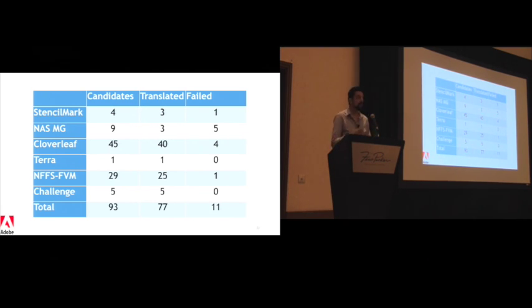And of those failures, some of them were doing things semantically that we couldn't handle, and others were timeouts. Now you'll notice that 77 plus 11 does not equal 93. There's an additional column here which is candidates that were not actually stencils, because our front end was thinking that this particular piece of code looks like a stencil, but it actually turned out to not be a stencil.